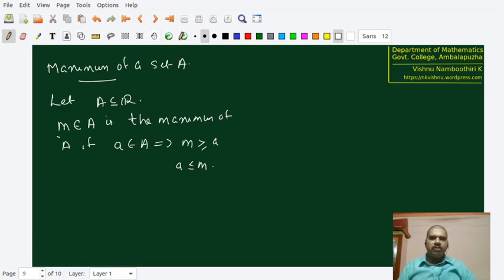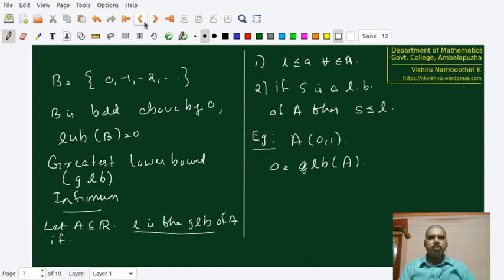Here we have taken M belongs to A to be the maximum of A, and what about supremum? In the definition of supremum, we have taken L belongs to R is the GLB of A, provided that these two conditions are satisfied.